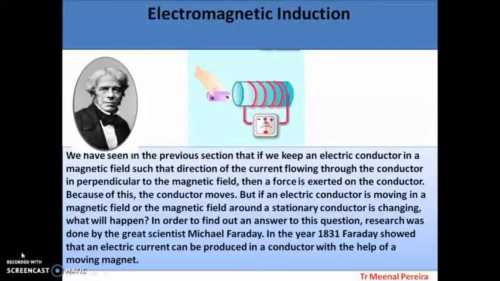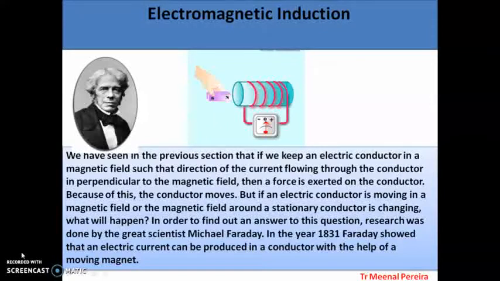In the previous section we studied that if an electric conductor is in a magnetic field such that the direction of the current flowing through the conductor is perpendicular to the magnetic field, then a force is exerted on the conductor, and because of the force the conductor moves. We have very clearly studied this.